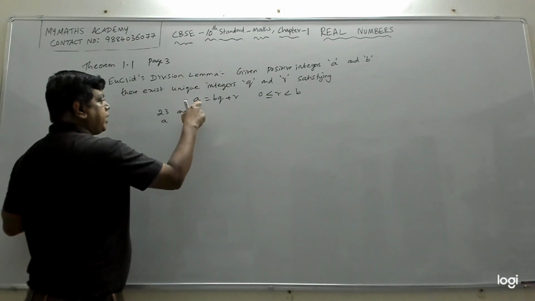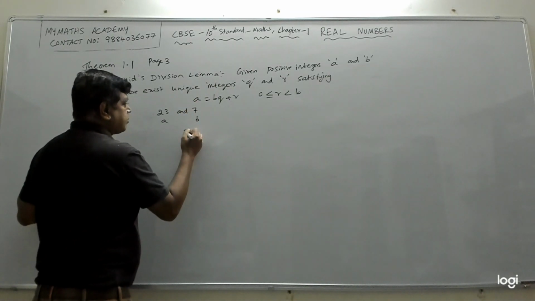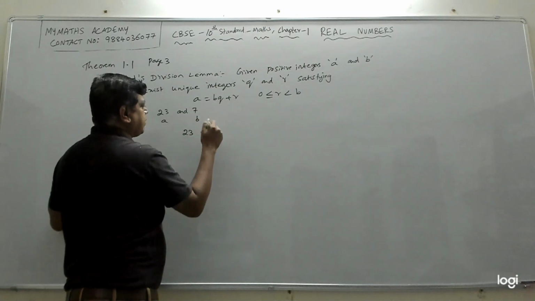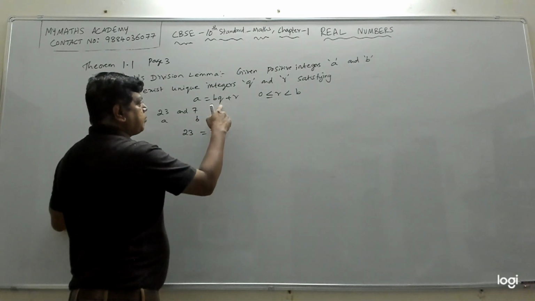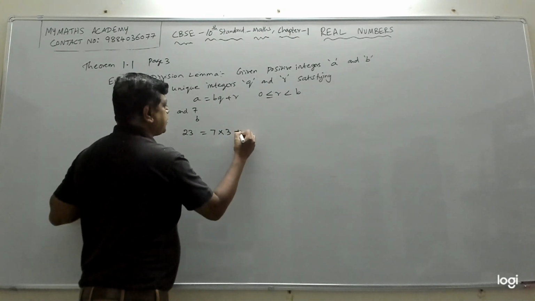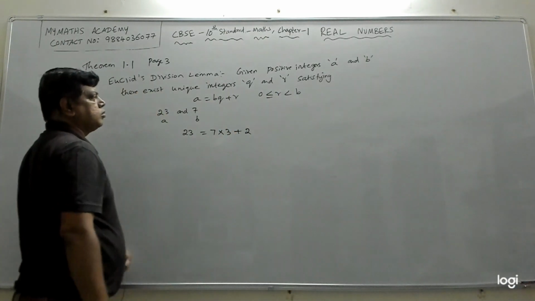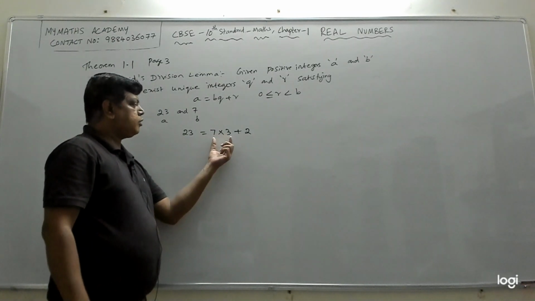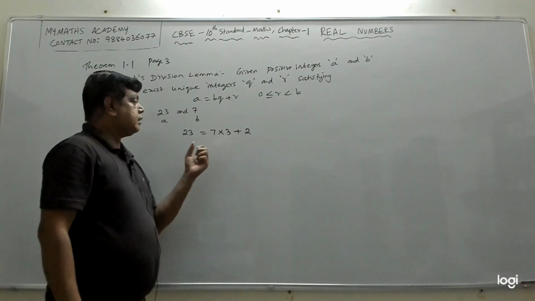Then I can write a, that is 23, as b which is 7 into some other integer, I can write as 7 into 3 plus 2. How can I write 23 as 7 into 3 plus 2? 7 into 3 is 21, and 21 plus 2 is 23.